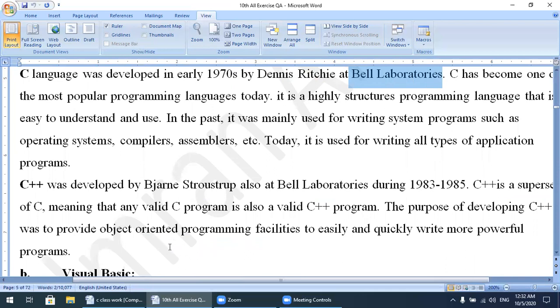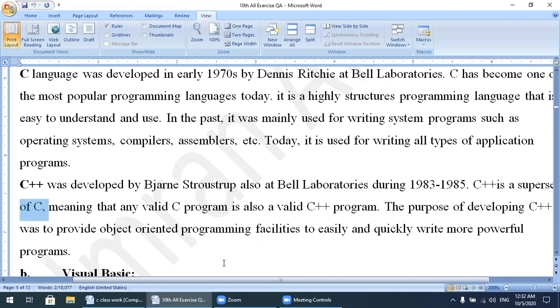C++ was developed by Bjarne Stroustrup, also at the Bell Laboratories, during 1983 to 1985. C++ is a superset of the C language.